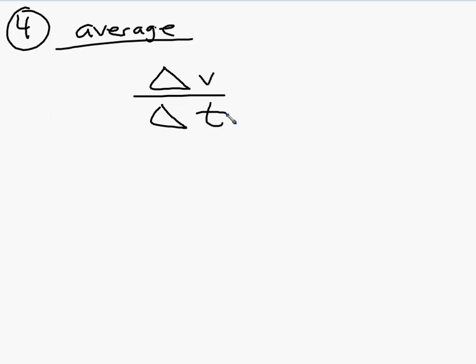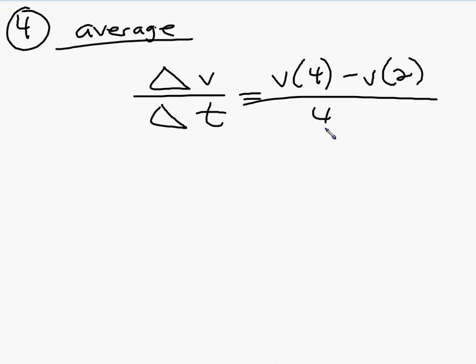So, all I need to do then is find v of 4 minus v of 2 all over 4 minus 2. And we can find all those values from our graph.